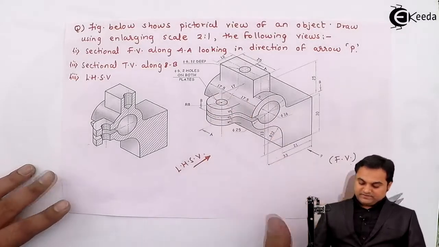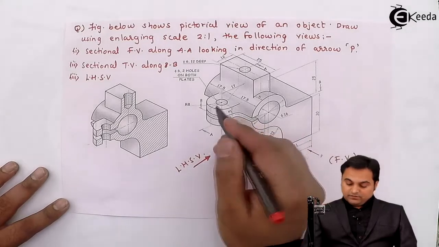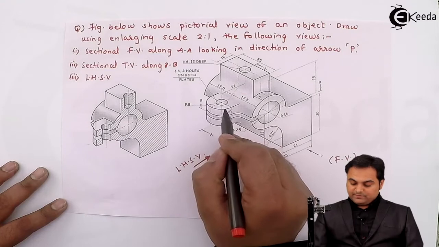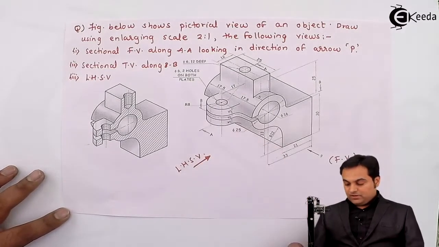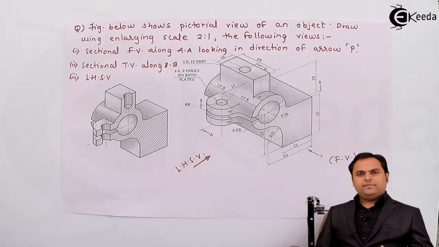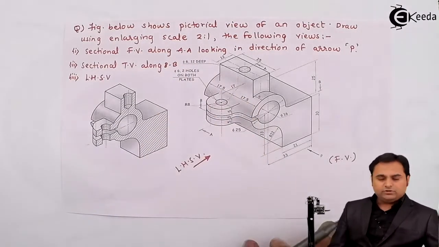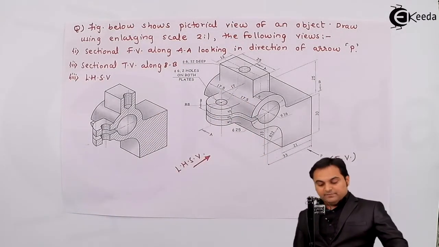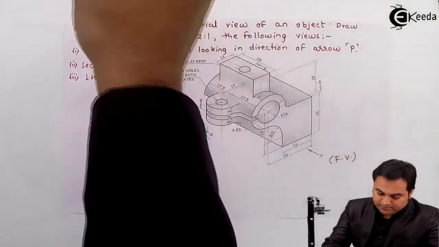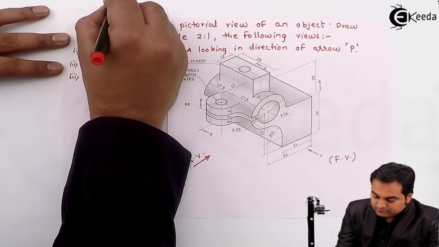So 33 plus 17, that gives me 50 mm, and then from the center to the outer radius, which is 8 mm, so that gives me 58 mm as the total length. Now that 58 mm I have to make double because this problem is of enlarging scale, that is making all the dimensions double. So length, if it is 58, that will become 116, that is twice of 58.